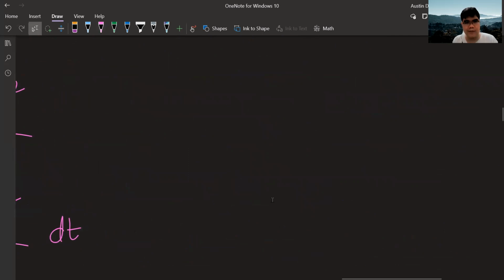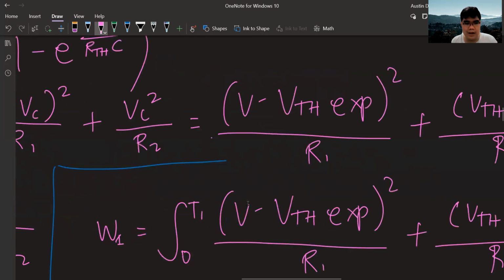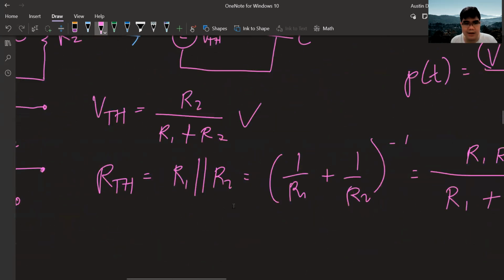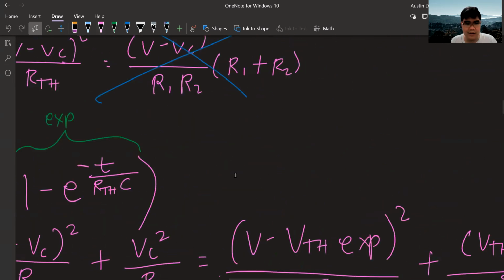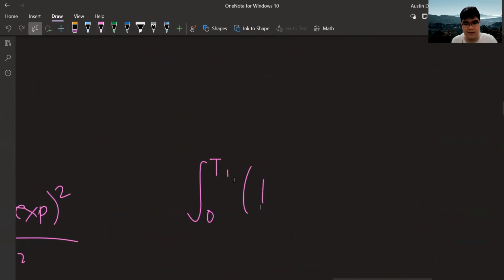Integrate natin si EXP. Okay, so 0 to T1. So that gives me 1 minus E raised to negative T over RTH C, which we wrote as EXP, and then dt.